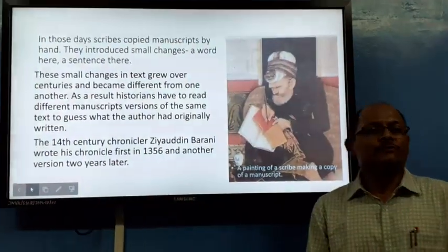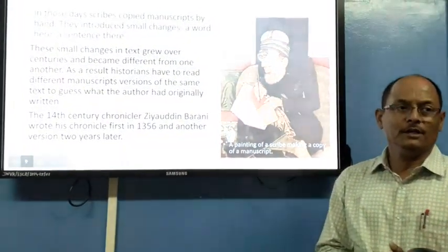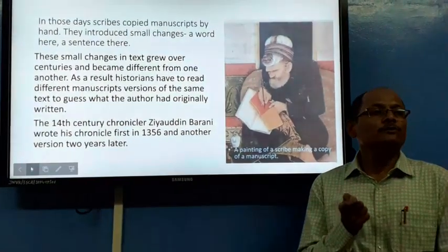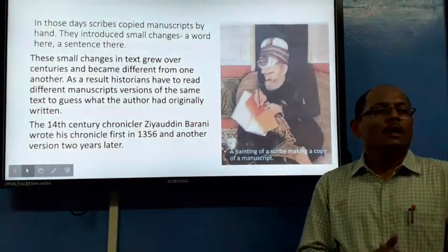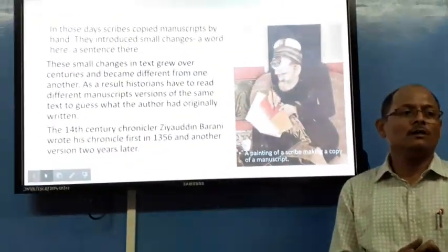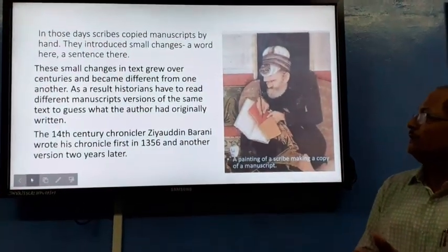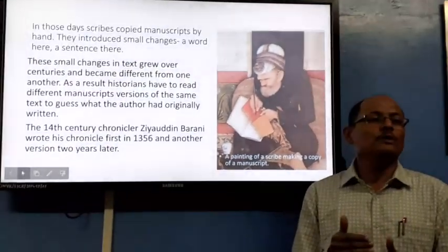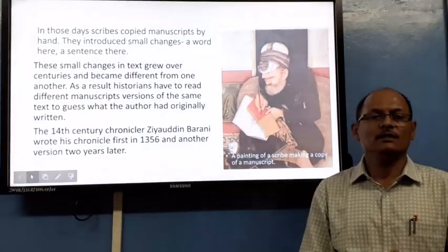What were the problems faced by the historians? In those days, printing presses were not there. So people used to write by hand. We call them scribes. And they introduced small changes, maybe a word or a sentence here and there. These small changes in text grew over centuries and became different from one another.